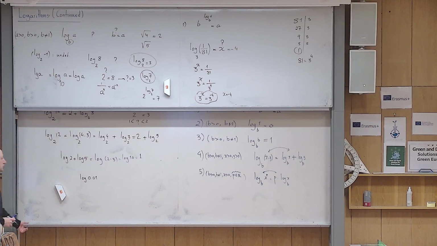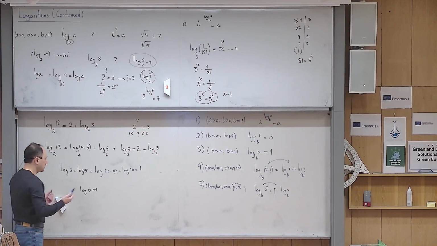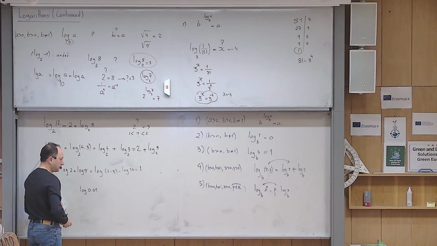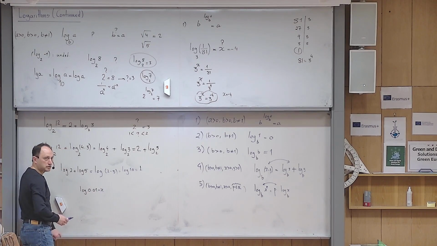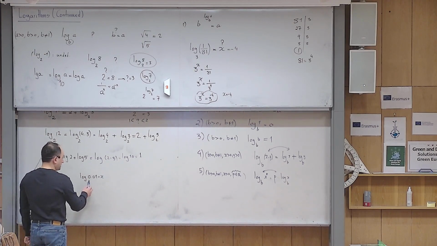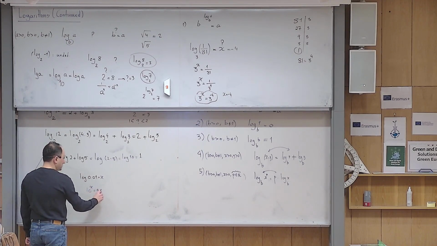Of course, you can use the previous methods that we learned. For example, you can say, I don't know the exact value of this, I call it x, and then I try to find x. So how? I would say that 10 to power x is supposed to be 0.01.